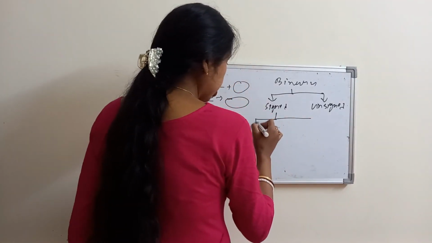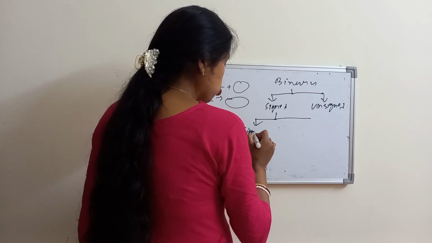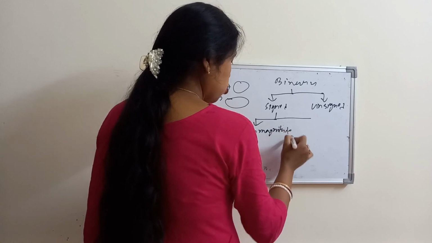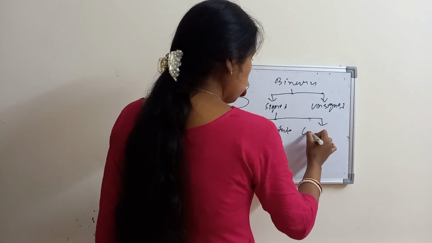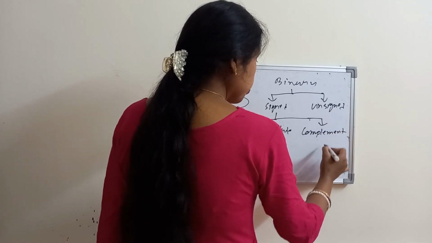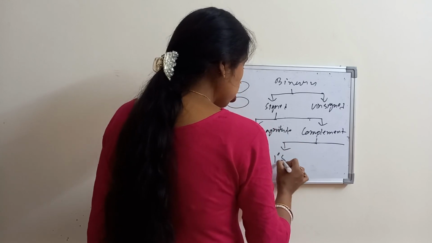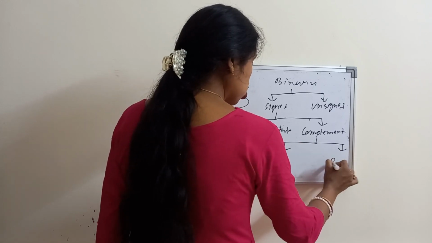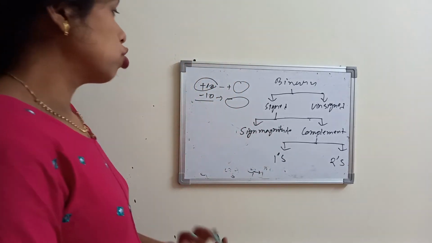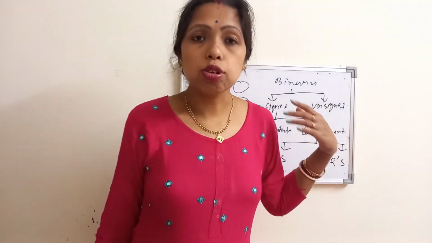In case of the signed number, you can represent it in sign magnitude format or in complement format. The complement format can be further divided into first complement or two's complement format. Any kind of positive and negative number you can represent in sign magnitude format and complement format.